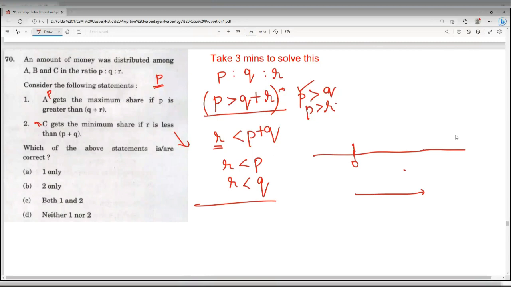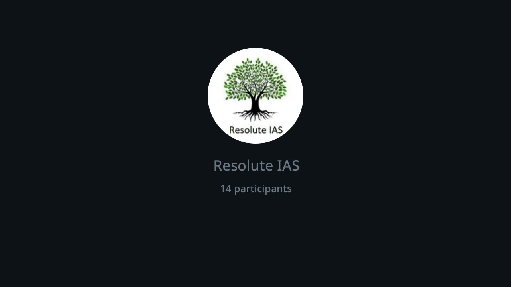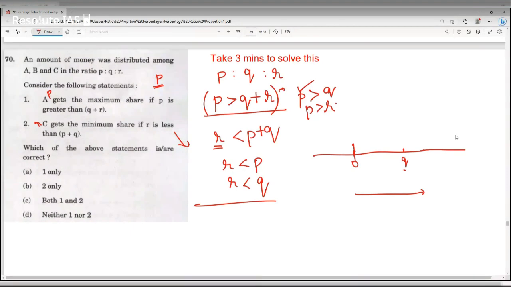The first statement is P is greater than Q plus R. Let's say Q is somewhere here or here. One case would be R here, another case is Q is here, R is here. What is Q plus R?